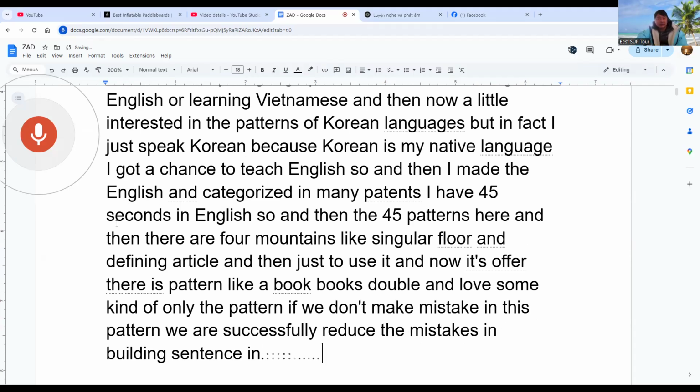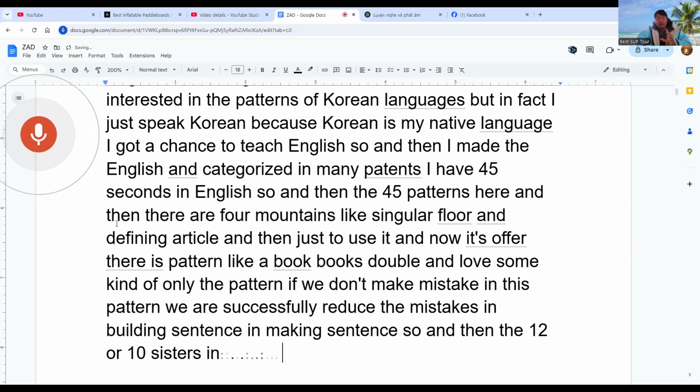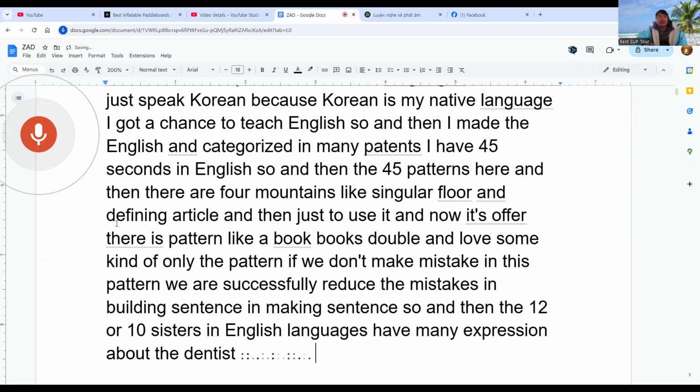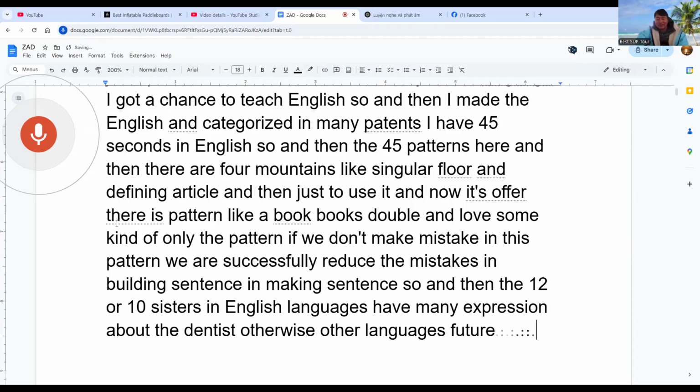Then there are 12 tenses in English. As a unique language, English has many expressions for tenses, while other languages are very simple: future, present, past, not many. But English has 12 tenses.